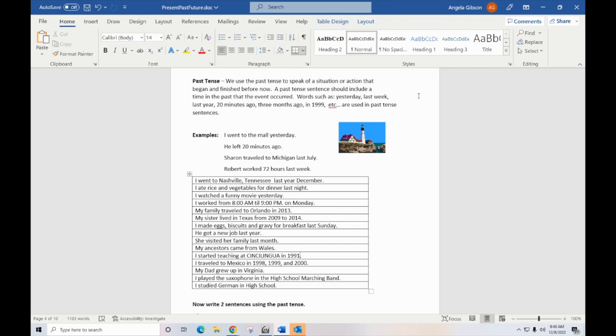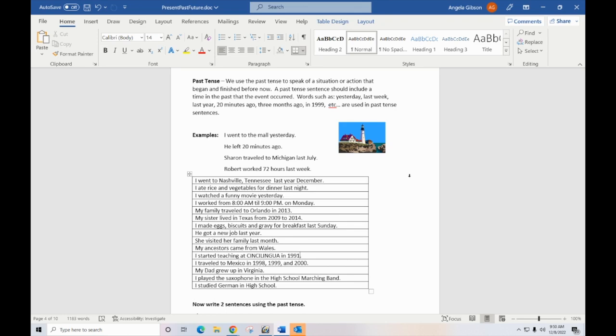Words such as yesterday, last week, last year, 20 minutes ago, 3 months ago, in 1999, etc., are used in the past tense sentences. If we look at these first four examples, I went to the mall yesterday.